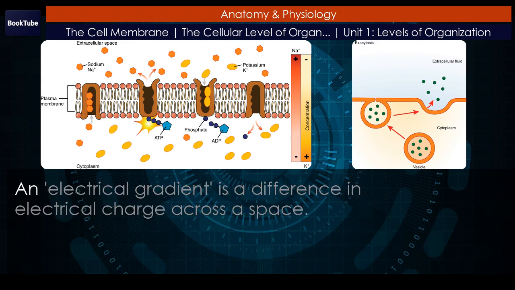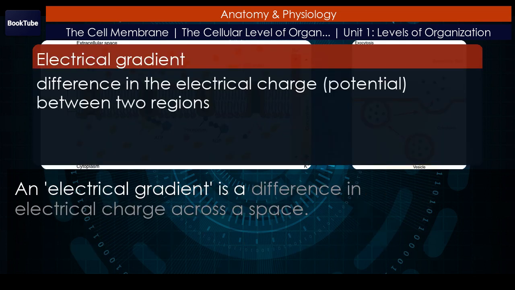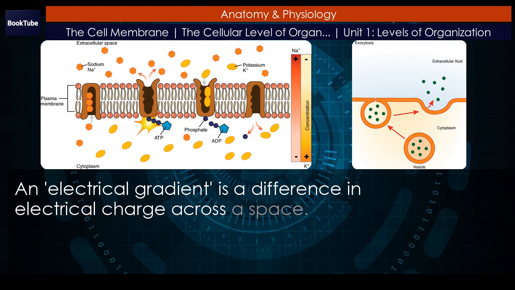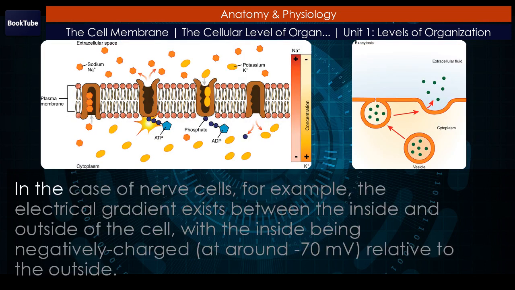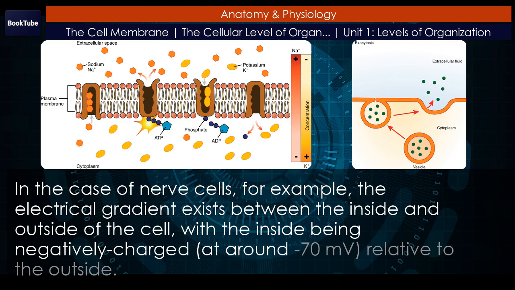An electrical gradient is a difference in electrical charge across a space. In the case of nerve cells, for example, the electrical gradient exists between the inside and outside of the cell, with the inside being negatively charged at around -70 millivolts relative to the outside.